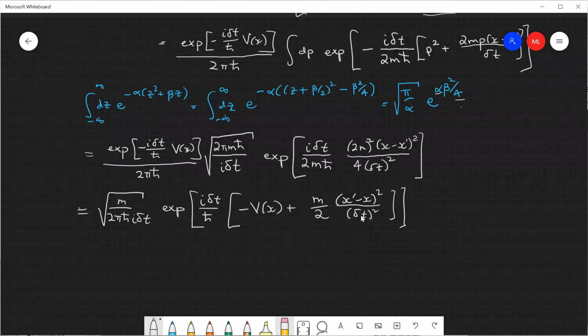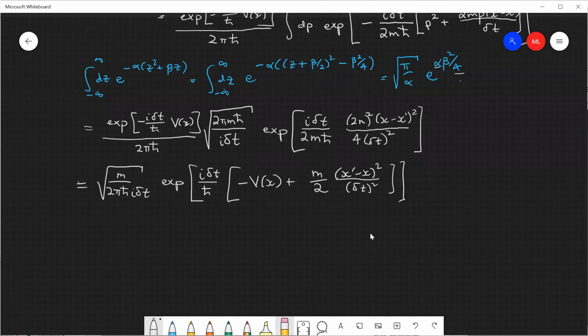So this is just the velocity squared. And as we all know, 1/2 mv squared is the kinetic energy.